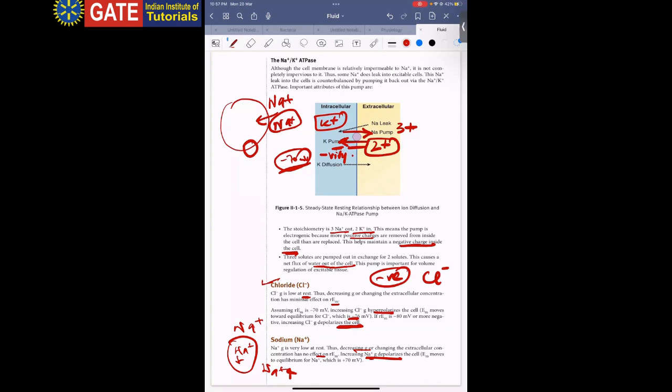So now the sodium will be moving inside the cell, right? So the inside becomes less negative, so it will cause depolarization. If you increase the conductance of the sodium, that will depolarize the cell. It will make the charge inside the cell less negative.